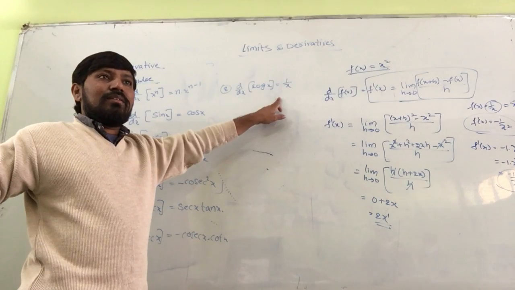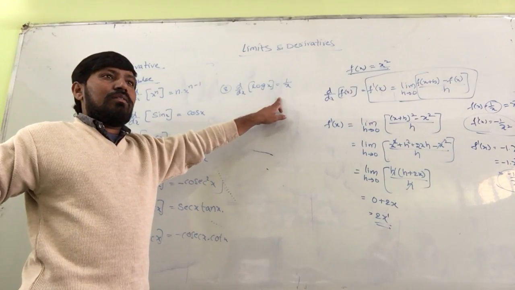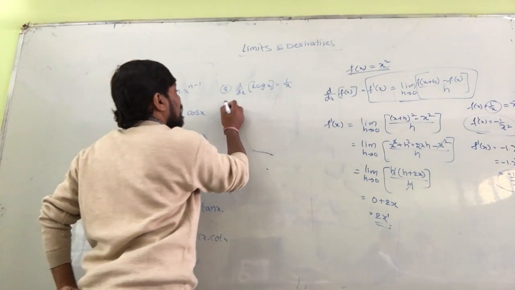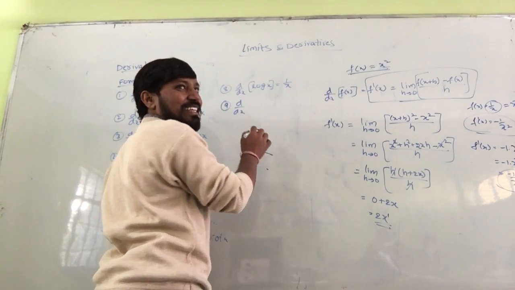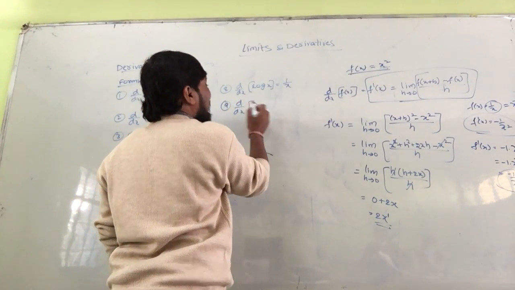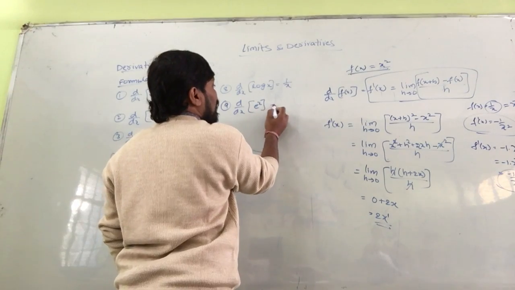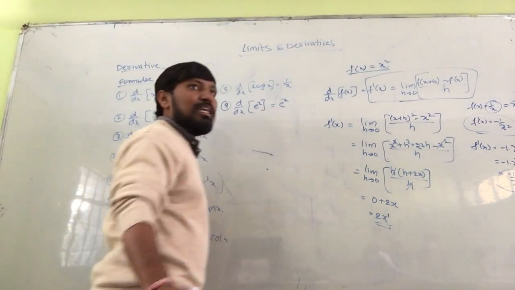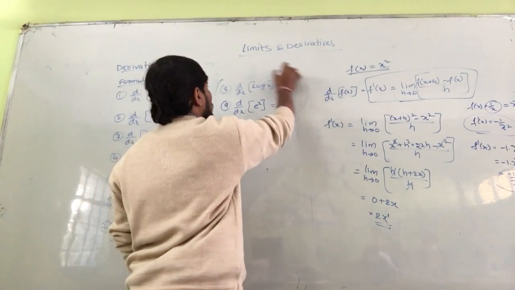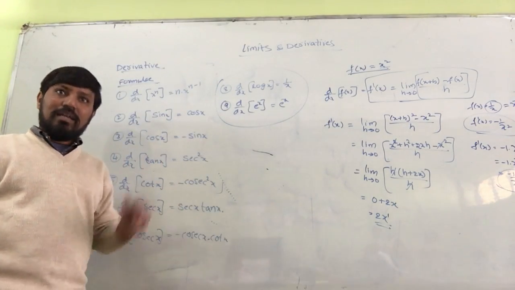Okay, you leave that. Next, I'll show it to you. I think it is there in 12th grade. d by dx of e power x, the exponential function, is equal to the exponential function e power x. Actually, you are not going to get these two in the 11th standard.